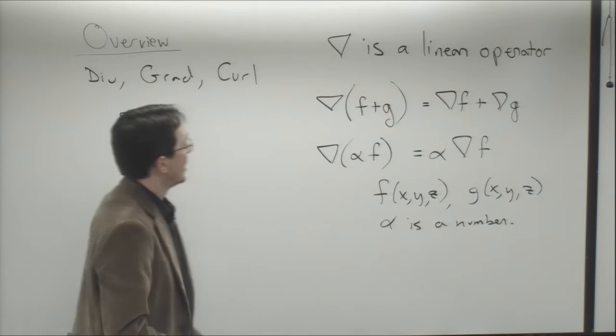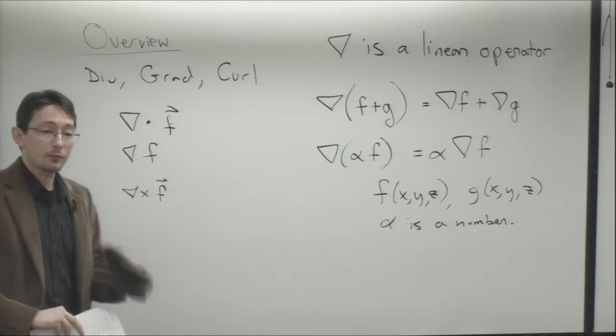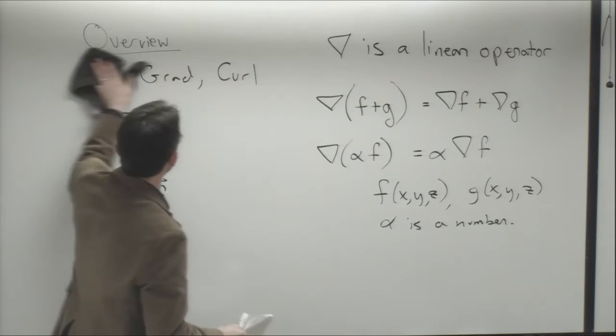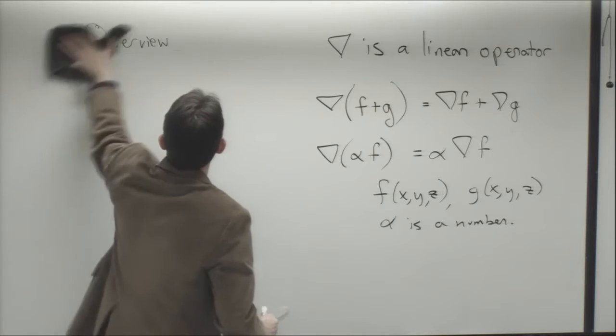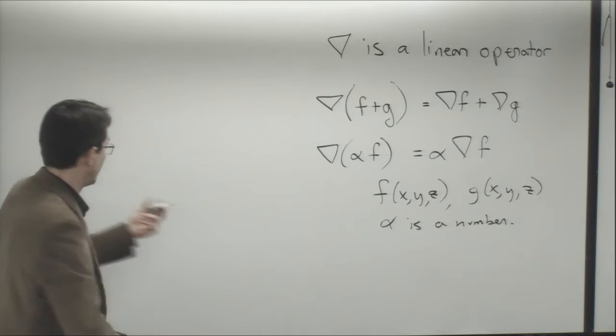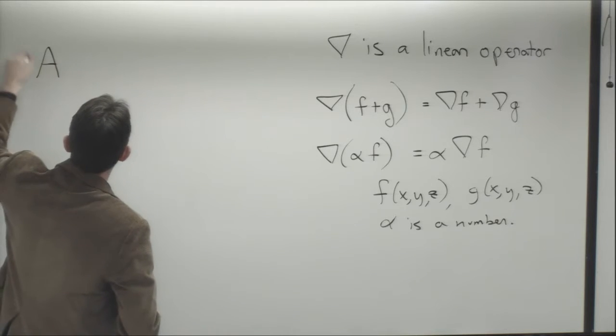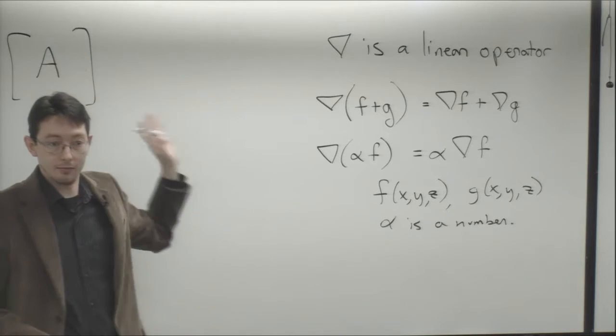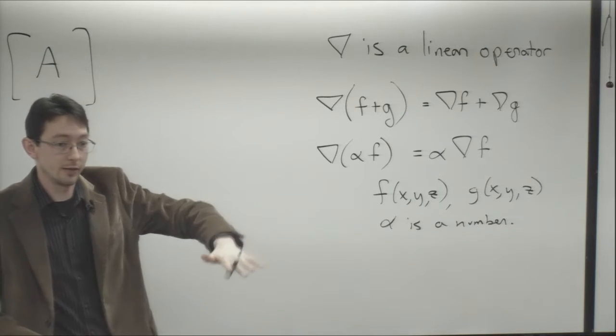True? So the really, really important one is matrix multiplication. Multiplication by a matrix A can be thought of as a linear operator. If I have a matrix A, then A operates on things. It multiplies vectors and gives you new vectors.